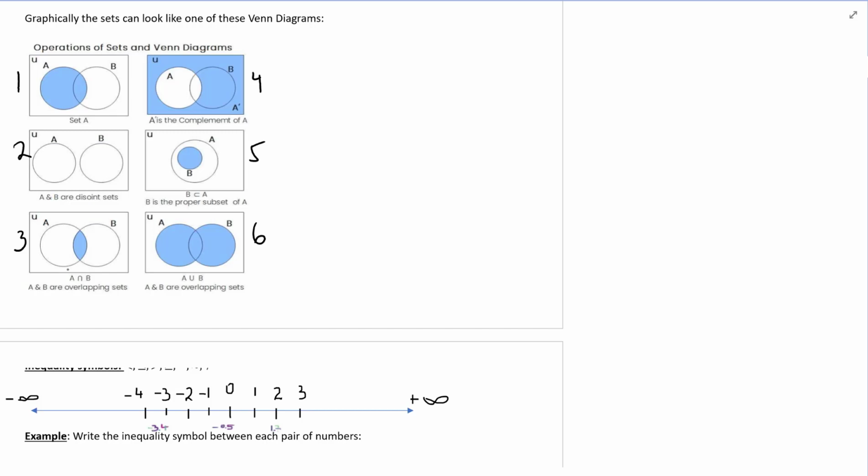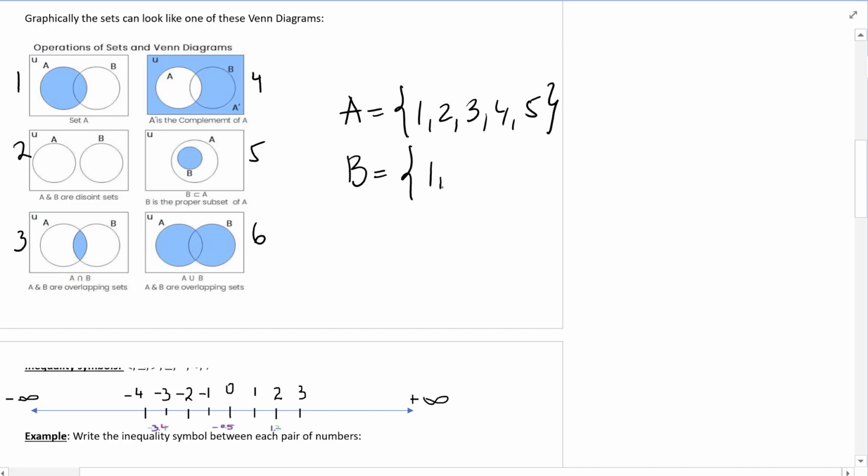Number 5 is an example of B. It's a proper subset of A, which means B is included in A. So for example, if A is 1, 2, 3, 4, 5, B could be something like 1, 2, and 3, because all the elements from B are elements of A. And then the 6th graph is showing A union B, everything that is in A and B. Now this is with sets, right?